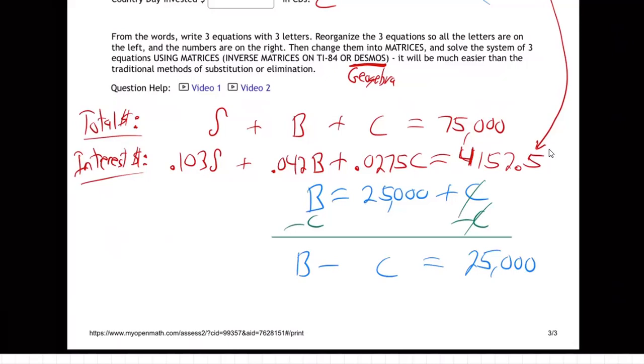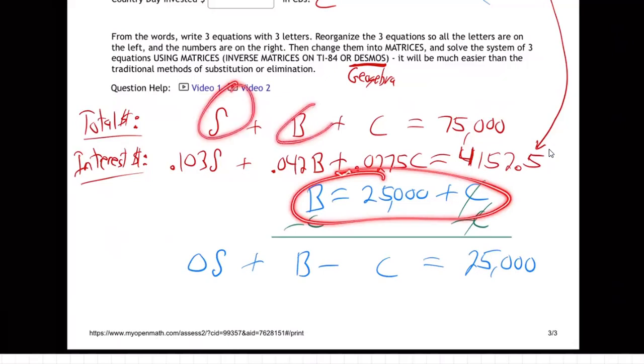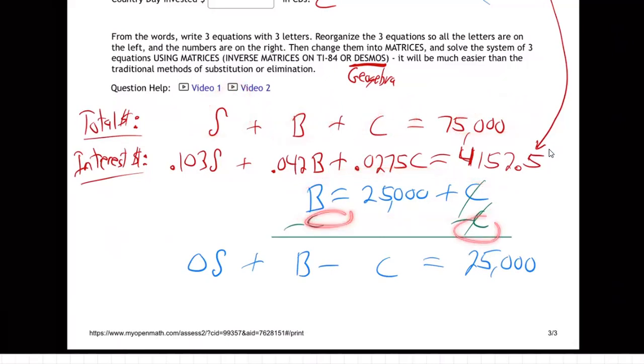And so that means I'm going to go 0S. Now it's lined up. You see what I did there? I just took this equation and put it in the same form as the other ones with S first, then B, then C, then numbers. So I subtracted the C from both sides, got B minus C, left the 25,000 on the right side. Let me show that right here. Oops, that's not what I meant to do.